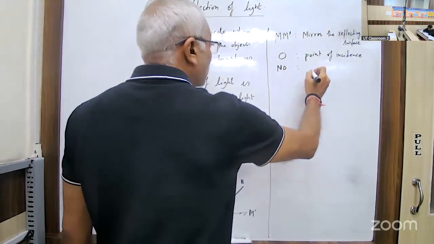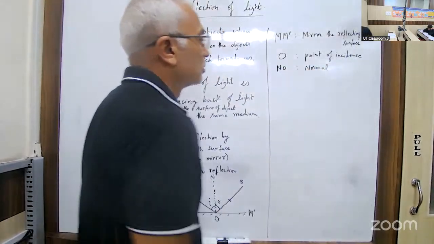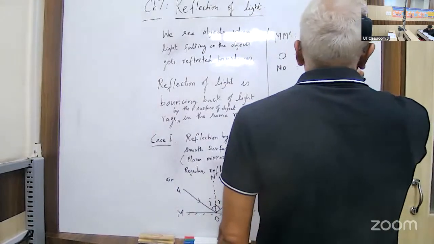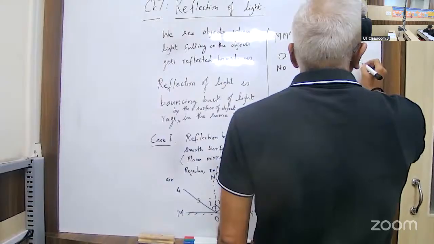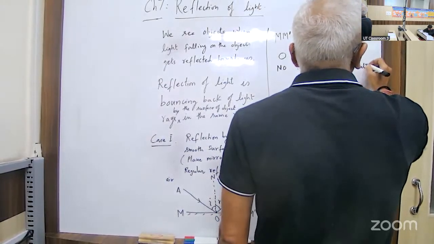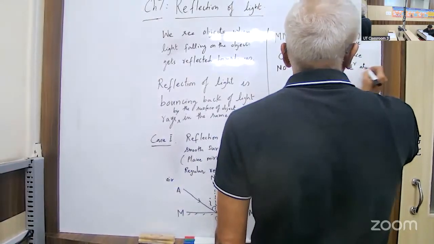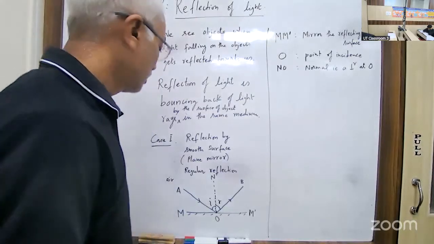NO is the normal, basically a perpendicular at O, the perpendicular at the point of incidence.